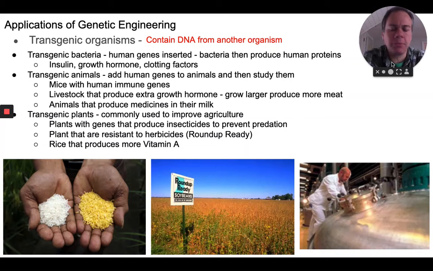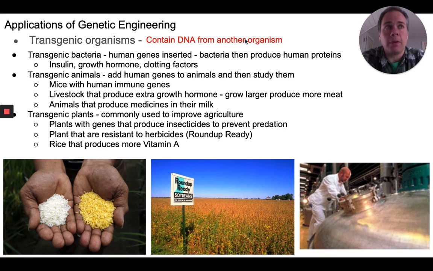But here's just some more examples of how humans have used genetic engineering and gene splicing. I just talked about the first one, transgenic bacteria, where human genes are inserted into the bacteria to allow those bacteria to then produce human proteins. Humans have produced transgenic animals.